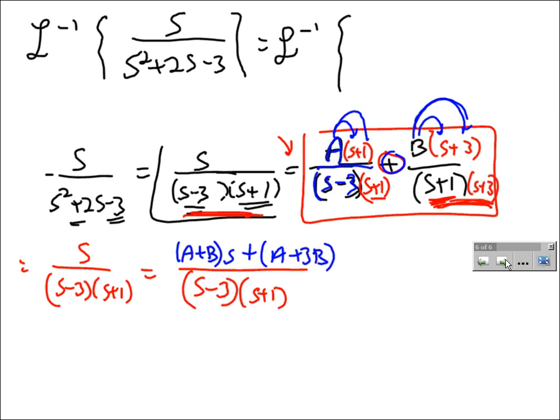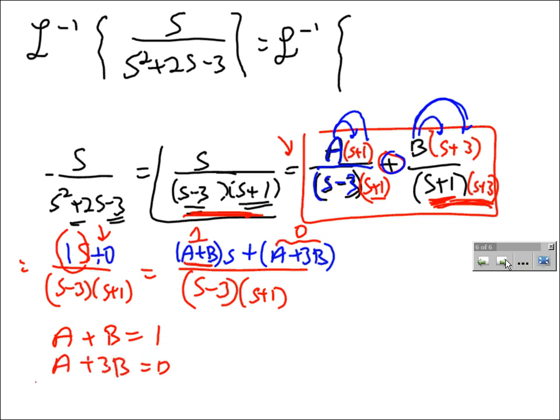Now just remember that s on the left is the same as 1s plus 0. That is, the number of s's is 1 and the constant is 0. So a plus b is 1 and a plus 3b is 0.